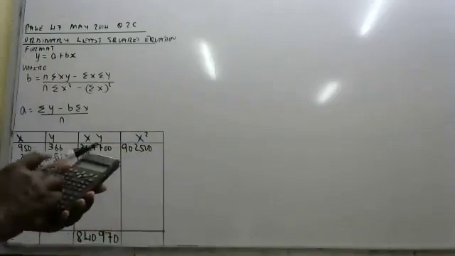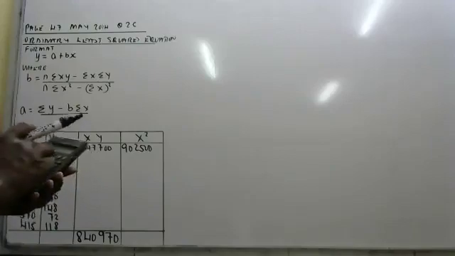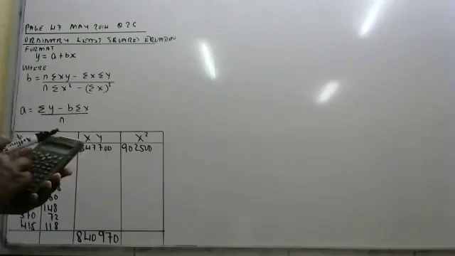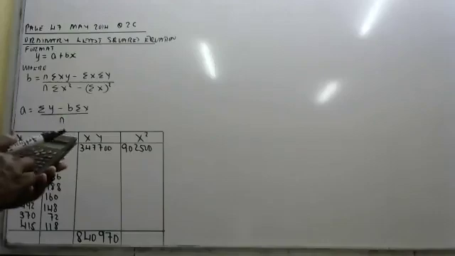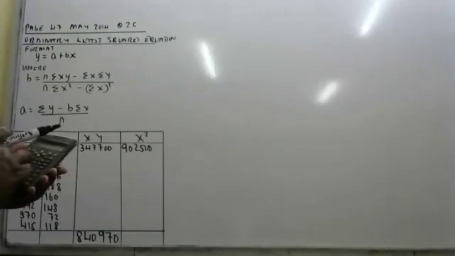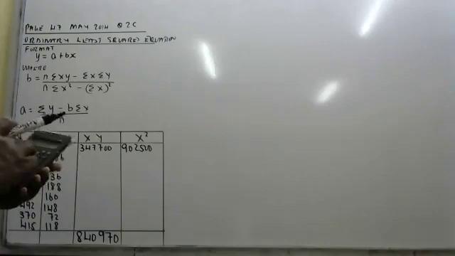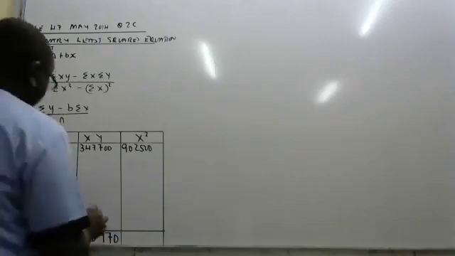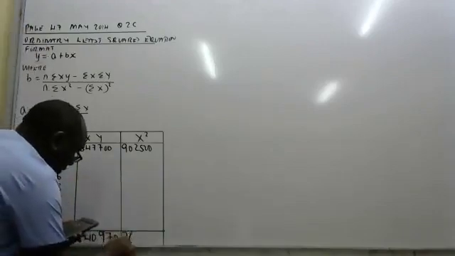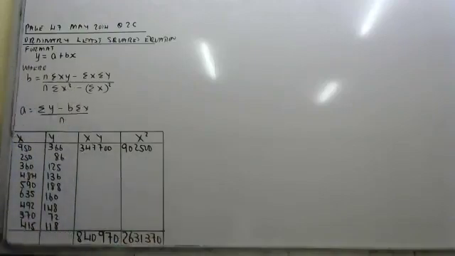You can just proceed and say plus 250 squared plus 360 squared plus 484 squared plus 590 squared plus 635 squared plus 492 squared plus 370 squared plus 415 squared equals, I'm getting 2,631,370. That way.